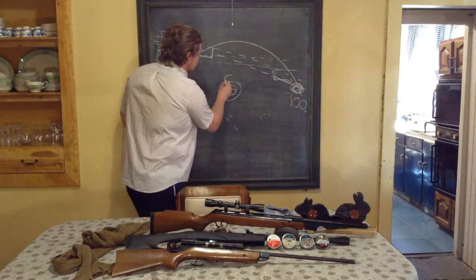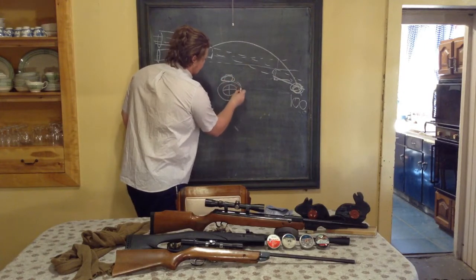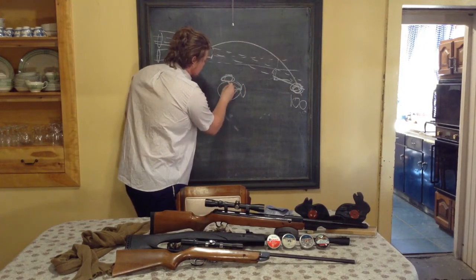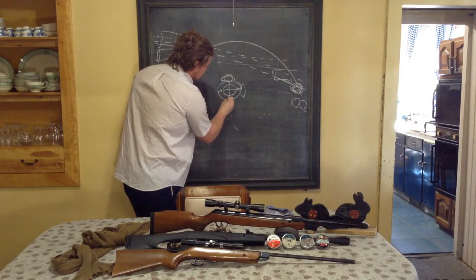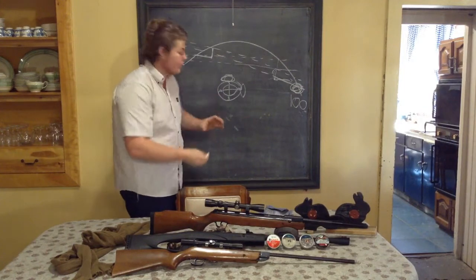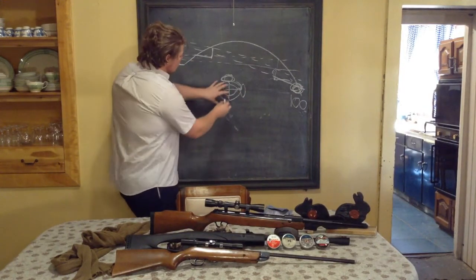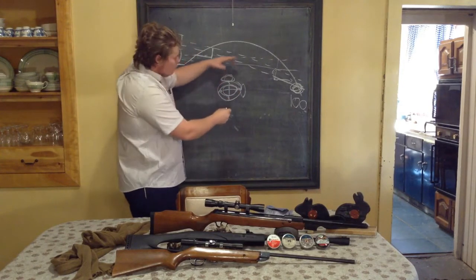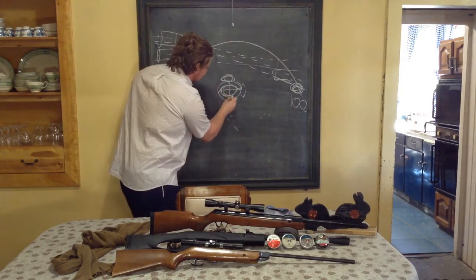So when you adjust the scope, your knobs are on here, and there are springs that actually hold the erector tube in the center. So when you adjust it, you're pushing this further to this side, and when you're pushing it down, you're pushing it further to this side.